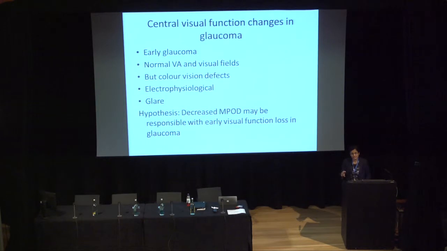Something we never cared for until the macular pigment research came up, which shows there's decreased macular pigments in glaucoma. Whether that is the cause of the visual function changes, we do not know. But we can now at least hypothesize that there is something to do with a depletion of macular pigments and the poor visual performance.